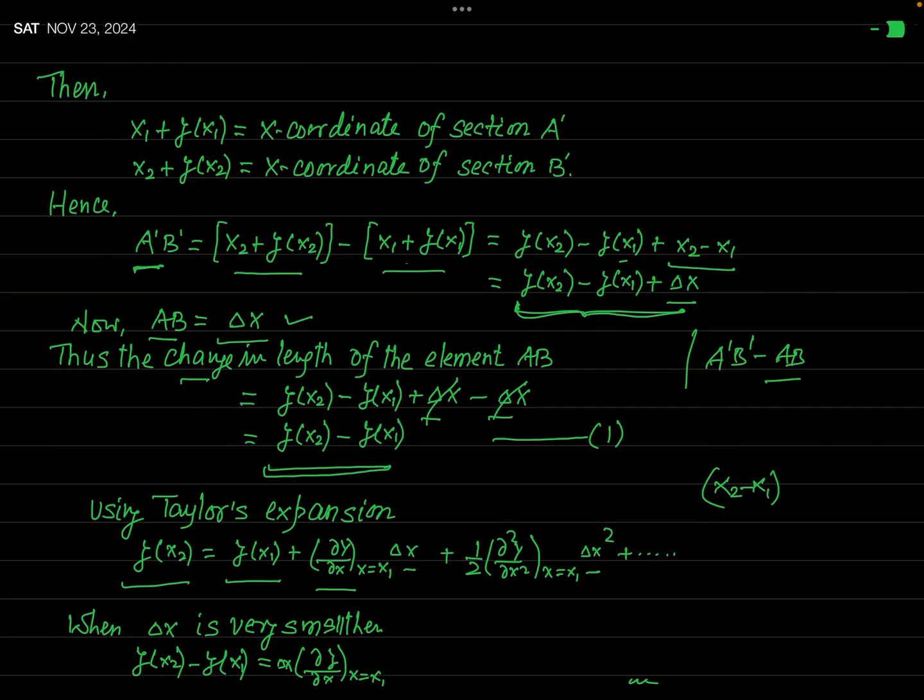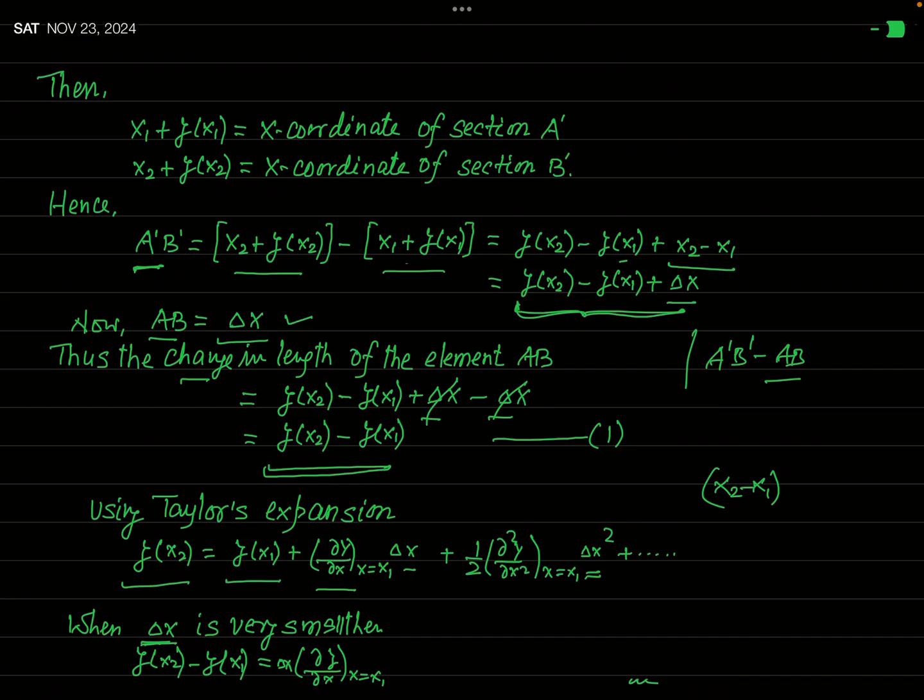But if you are considering the case of a small oscillation, a small vibration, then this delta x must be very small, negligibly small. So the terms containing delta x square, delta x cube and other higher powers of delta x will be negligibly small, and you may neglect those terms in accordance with our first approximation.